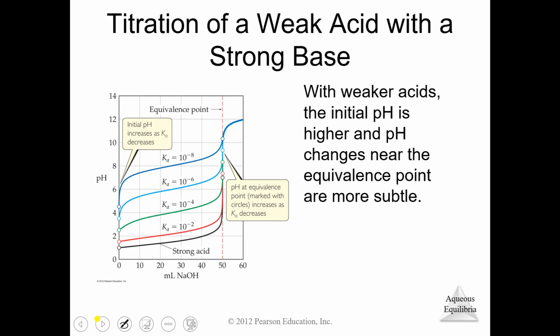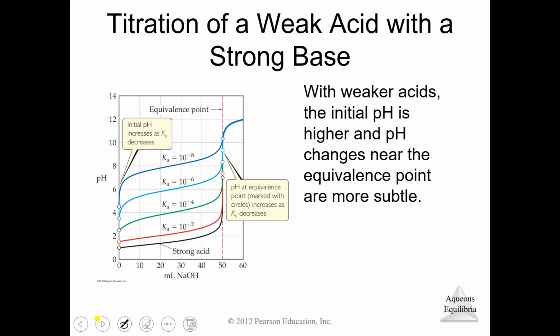So what this graph is showing you here, and again, you don't have to memorize this, you just need to kind of understand it and be able to talk about it. The equivalence point for all of these different examples is the same, 50 milliliters of sodium hydroxide.